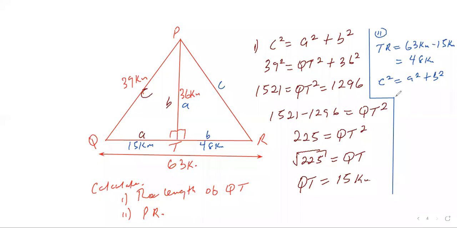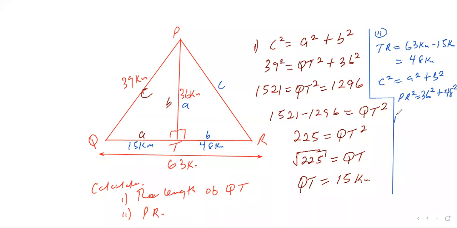Wherever you have C, what do we put? PR square, yes. Wherever we have A, what do we put? 36 square plus what? B would have been 48 square.